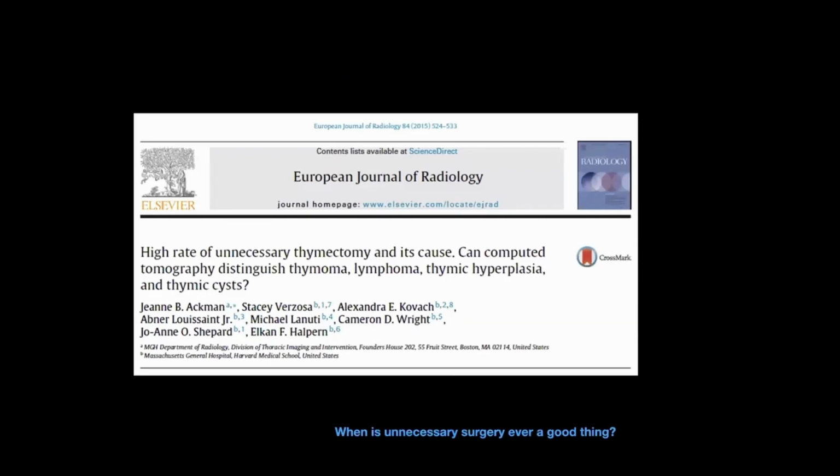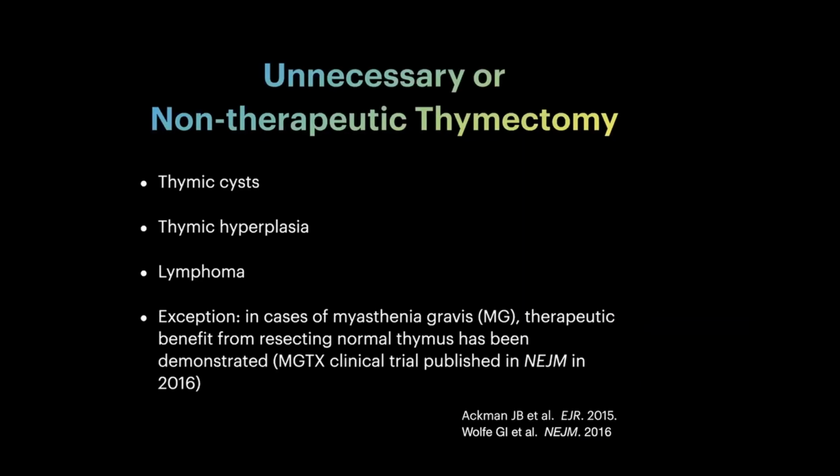Why is this important? Because historically there has been a high rate of unnecessary thymectomy on account of the fact that on CT we can often misinterpret benign thymic lesions such as cysts and hyperplasia as thymic tumors. And that's what we found in our study of all thymectomies that we did at MGH between 2006 and 2012. 26% of cases were unnecessary thymectomies, mostly due to resection of thymic cysts and thymic hyperplasia.